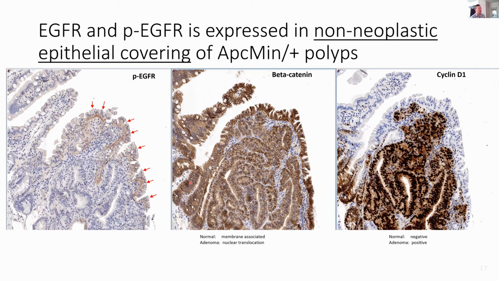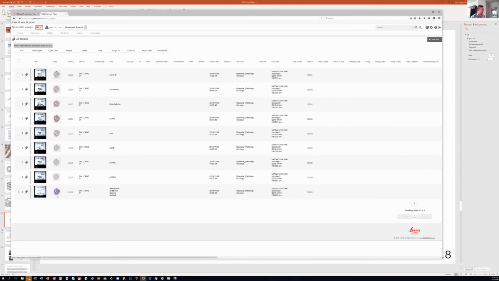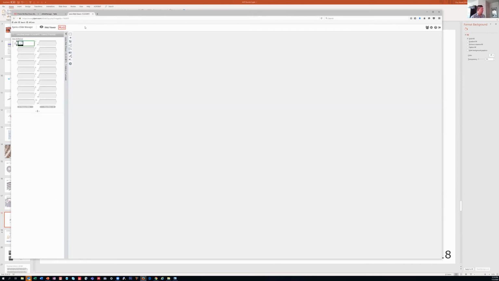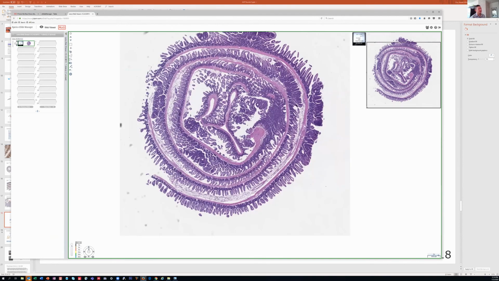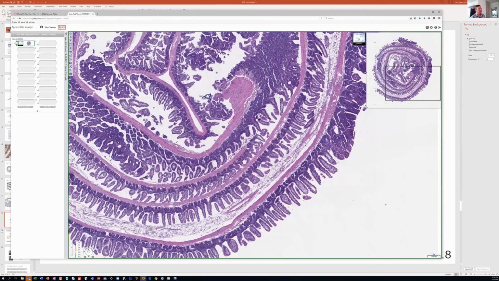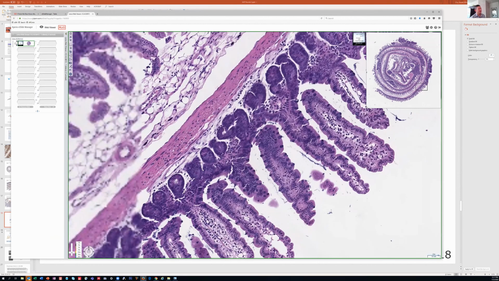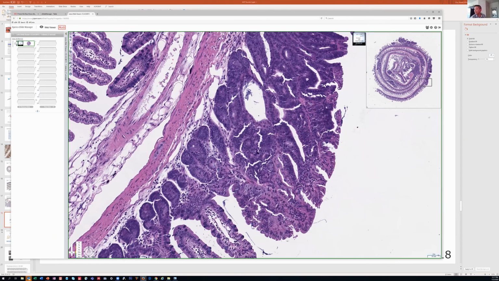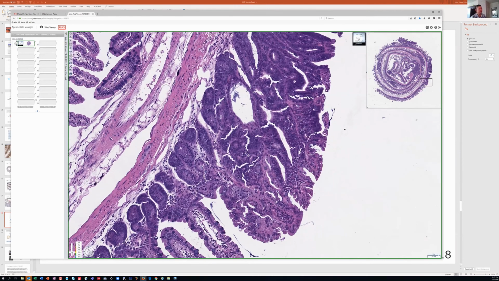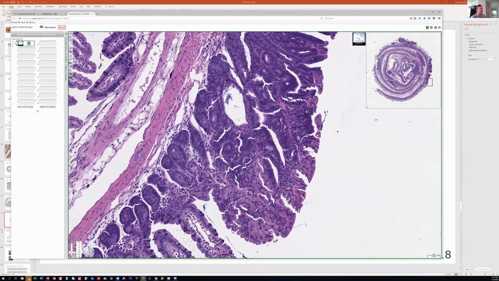So I really wanted to get to this particular observation. What I didn't realize up front in looking at these polyps was the fact that this entire lesion is not adenomatous epithelium.